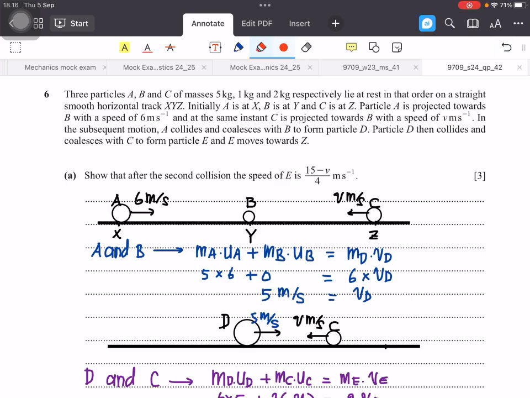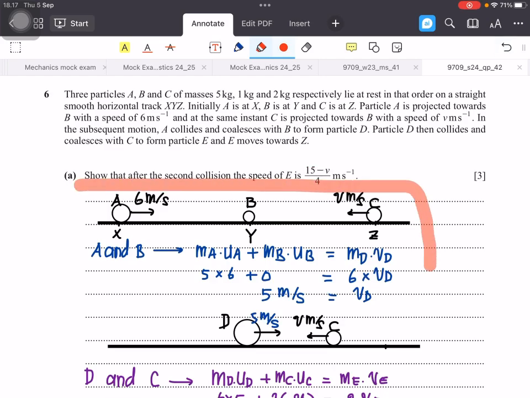In the subsequent motion, A collides and coalesces with B to form particle D. Particle D then collides and coalesces with C to form particle E, and E moves toward Z. A. Show that after the second collision, the speed of E is (15 minus V) over 4 meters per second.